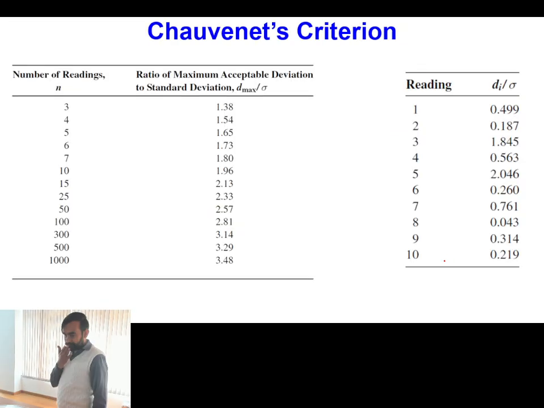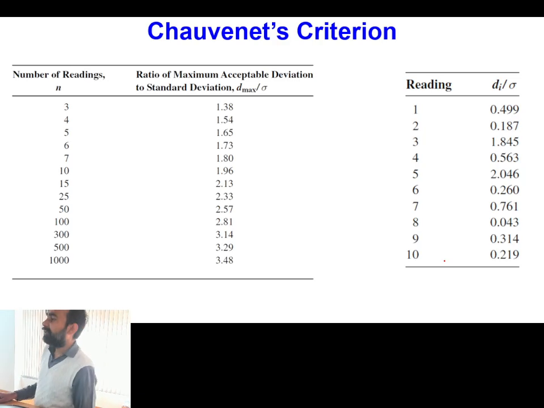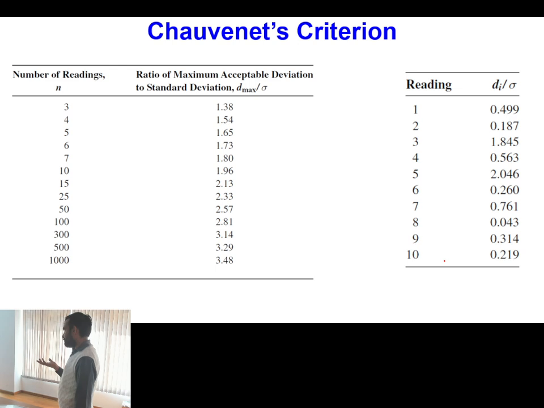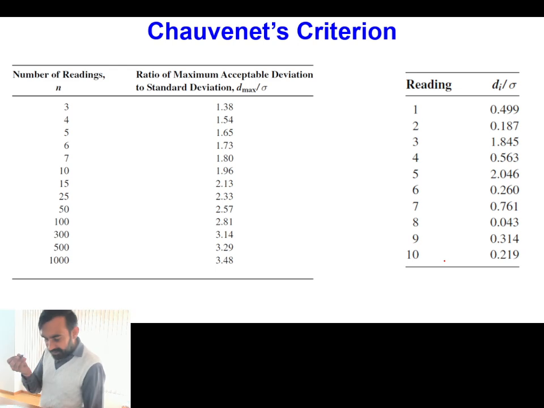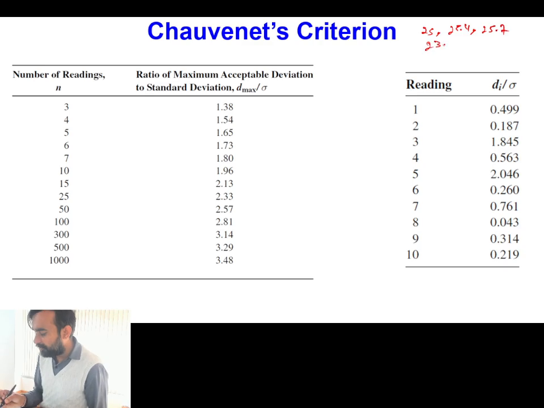Now, one more important thing we have to decide in experiments. Whenever you are making measurements, you will be getting certain data. Say one quantity you get 25, another 25.4, 25.7, likewise 23.2, maybe 27.8.